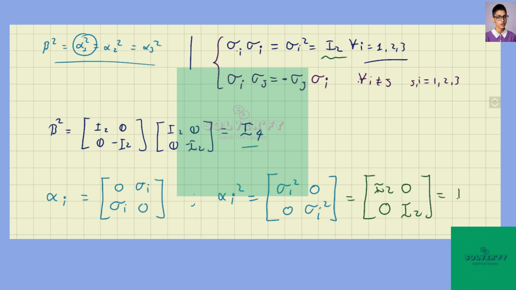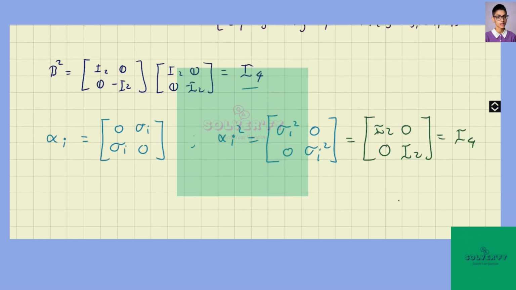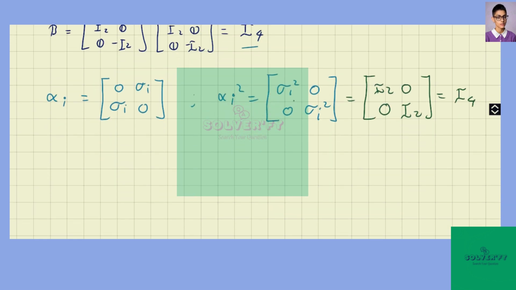But this is no more than the identity matrix 4 by 4, and this is satisfied for all the i's from 1, 2, and 3. So alpha 1 squared equals alpha 2 squared, equals alpha 3 squared, equals beta squared, and all of them equal the identity matrix.